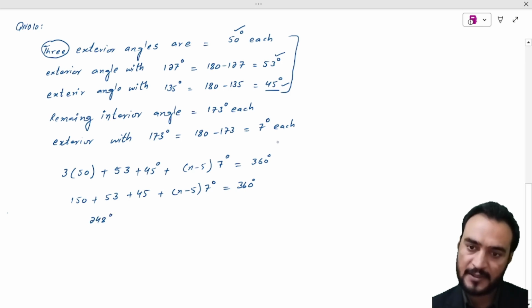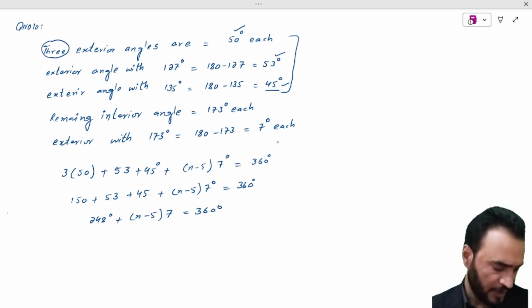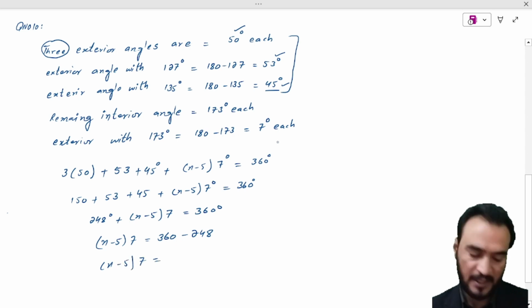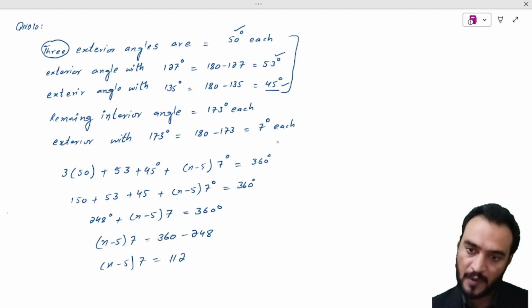So 248 plus n minus 5 times 7 equals 360. We subtract 248 from the right side, and we are left with n minus 5 times 7 equals 360 minus 248, which is 112.